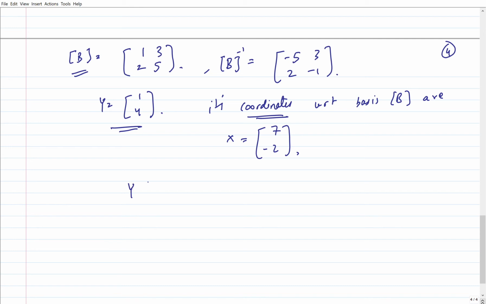So the vector y in terms of my basis vectors, which were again 1, 2 and 3, 5, has coordinates such that y is 7v1 minus 2v2. Of course, B has to be invertible.